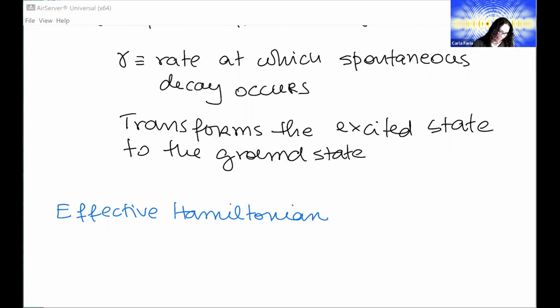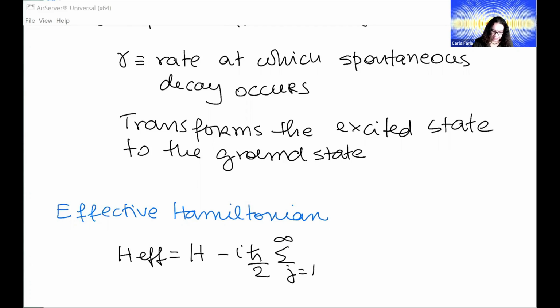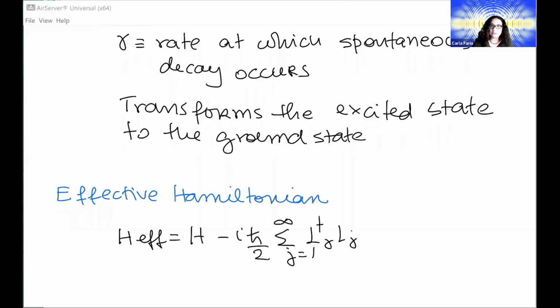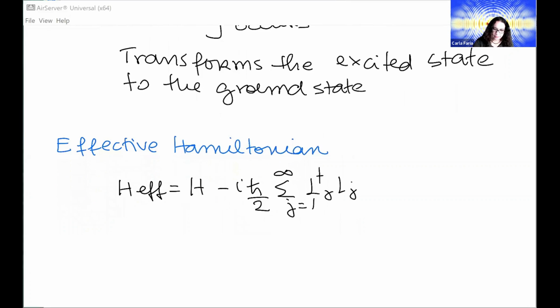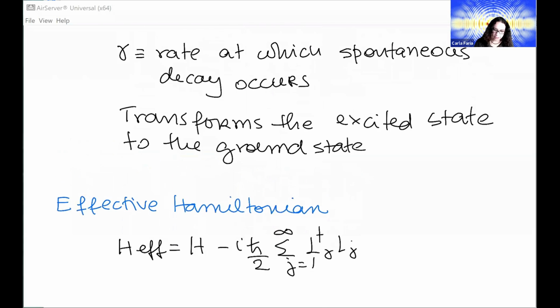H effective in our case is going to be H minus i h bar divided by 2, sum over j from 1 to infinity, L_j dagger L_j. However, we just have one term here, which is the one we're going to calculate.